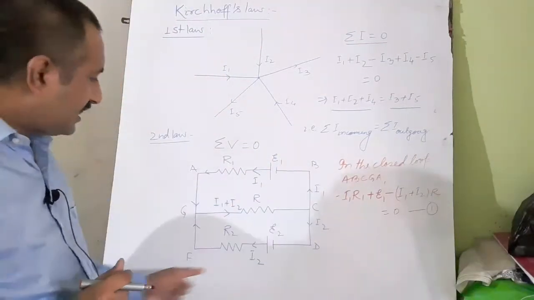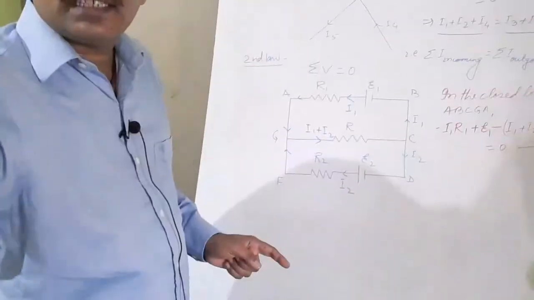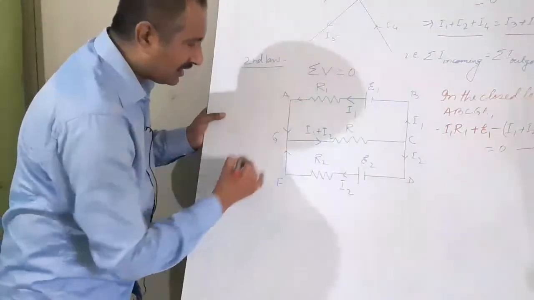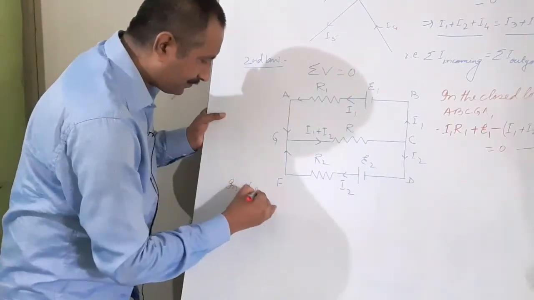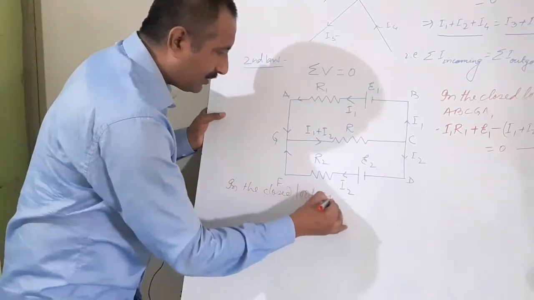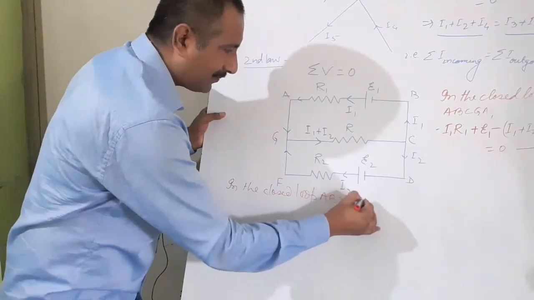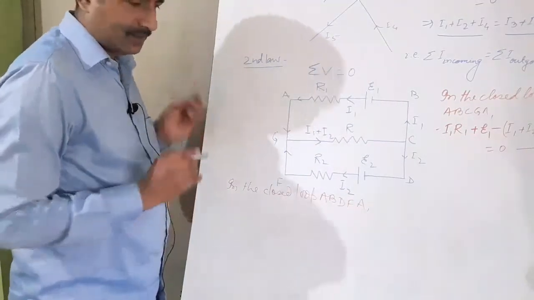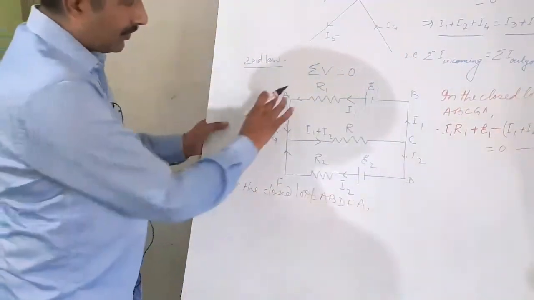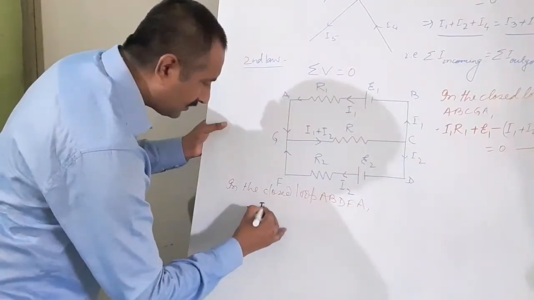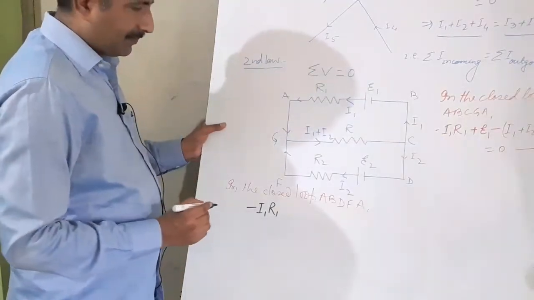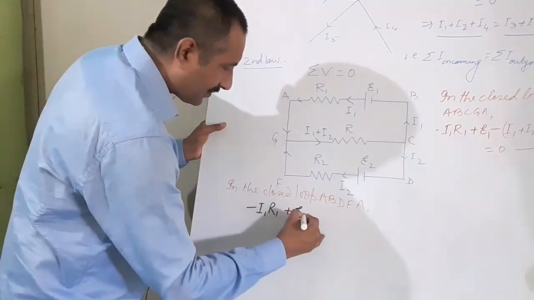You see, AB, from A to B: minus I1 R1 plus E1.